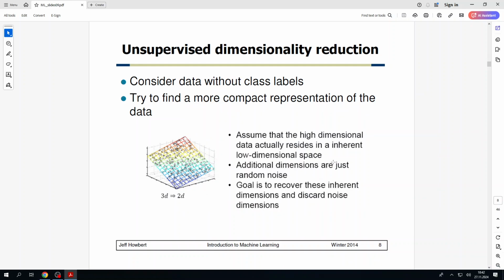Now, let's say what we have is this conversion of 3 dimensions to 2 dimensions. This is actually quite the opposite of the support vector machine which we were discussing. If you recall, support vector machine was doing quite the opposite.